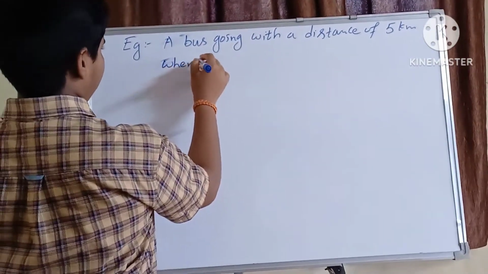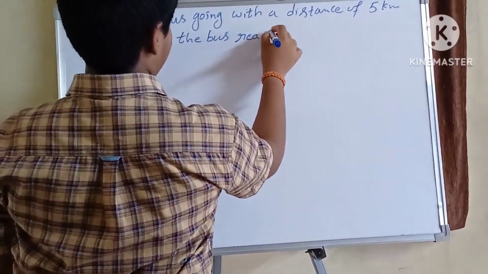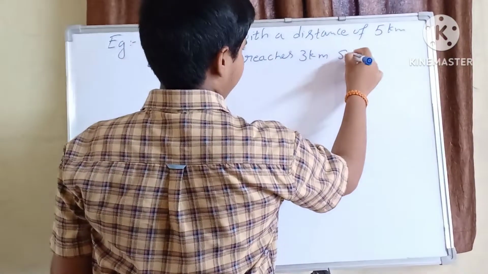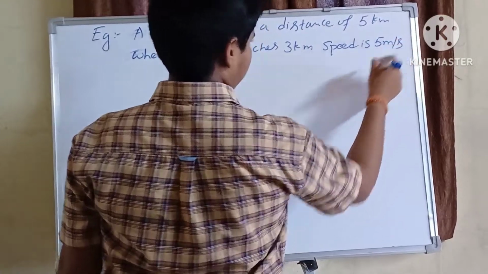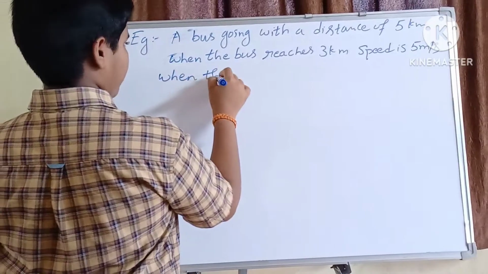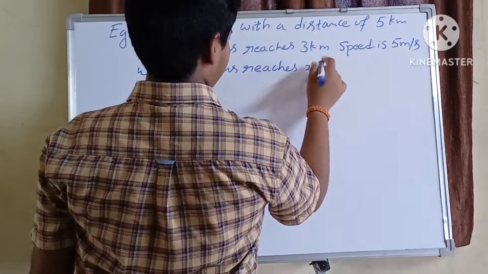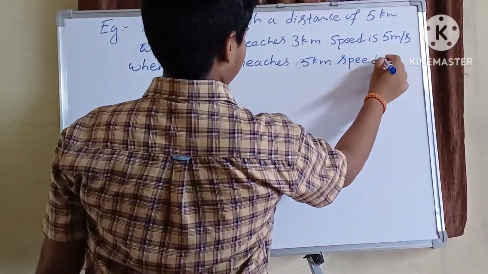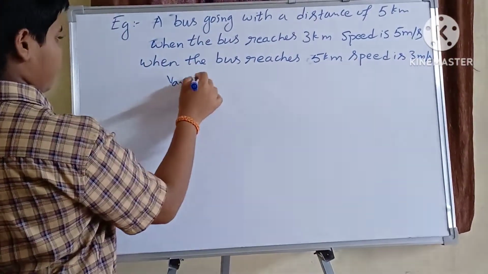When the bus reaches 3 kilometers, the speed is 5 meters per second. When the bus reaches 5 kilometers, the speed is 3 meters per second. So what is V average? V average means average speed.